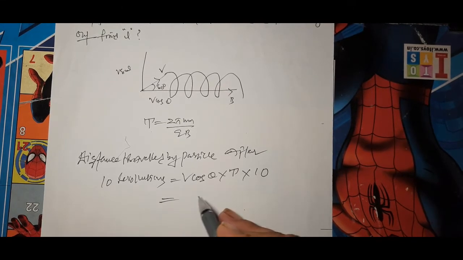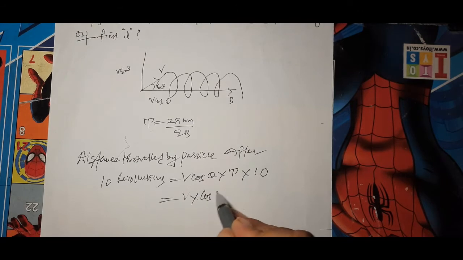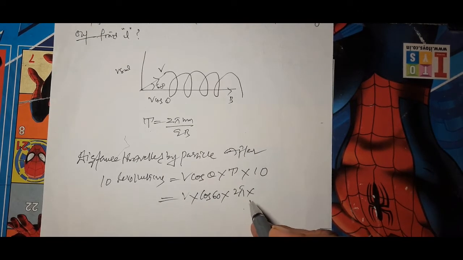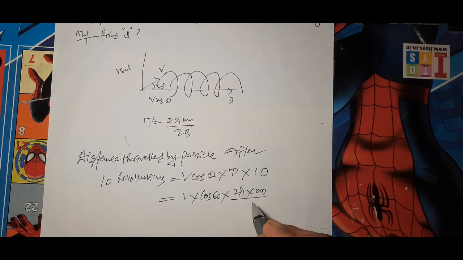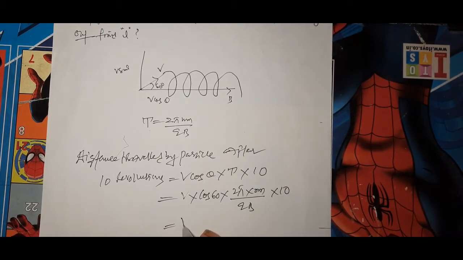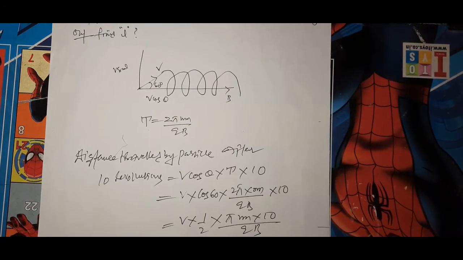So here v means v cos 60 into 2 pi m by qB into 10. So here v into cos 60, 1 by 2, into pi m into 10 by qB.